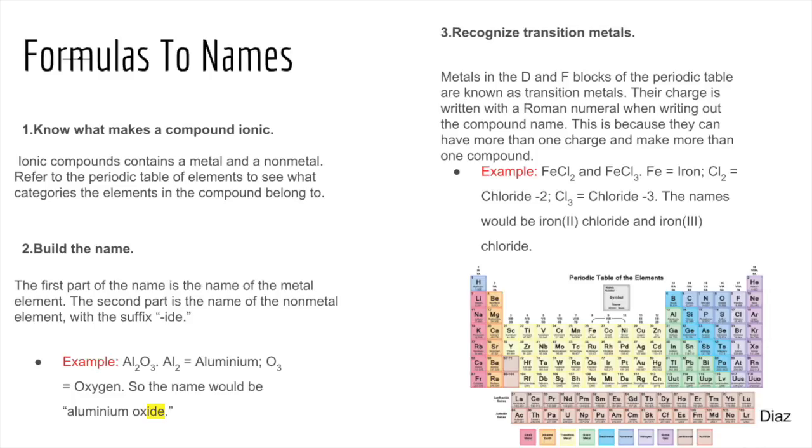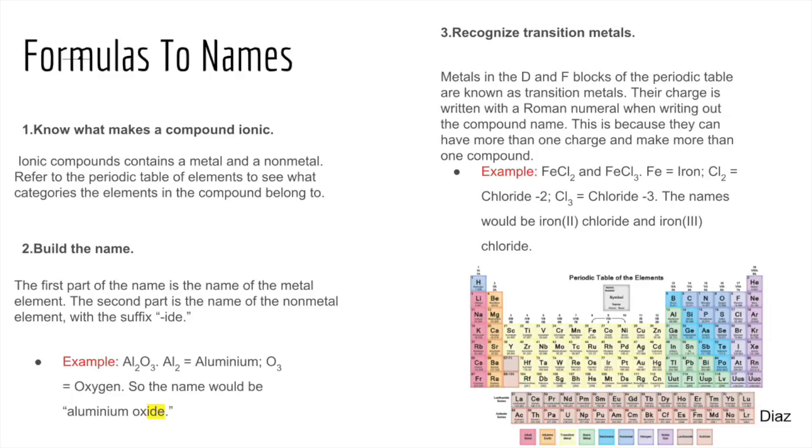And last step, you have to recognize the transition metals. The D and F blocks of the periodic table are known as transition metals. Their charge is written with a Roman numeral when writing out the compound name, because they can have more than one charge and make more than one compound.